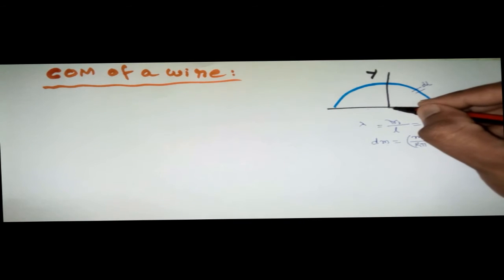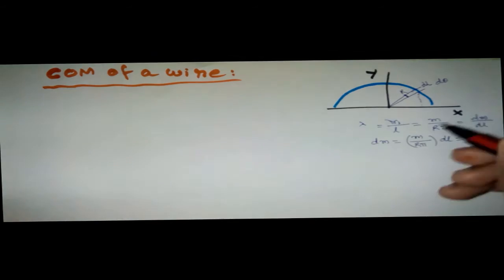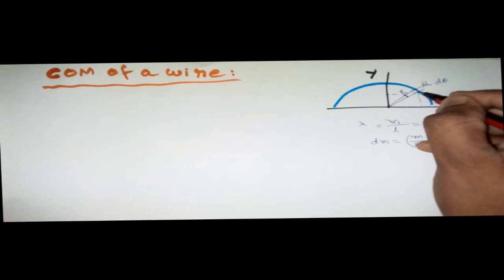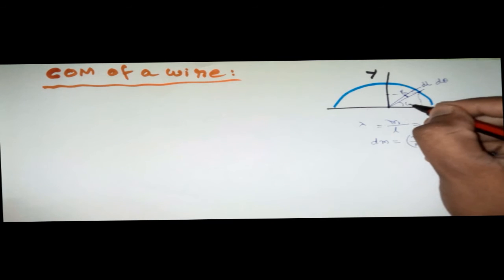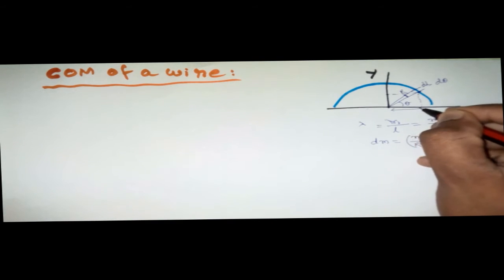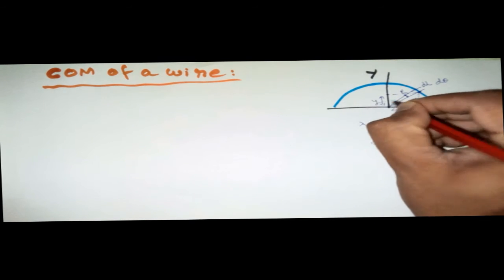So, consider a small element d theta at the center angle, with radius r. Plotting the foot of perpendiculars to the observation point, the angle is theta. From here to here we have a distance of small x, and from here to here a distance of small y.